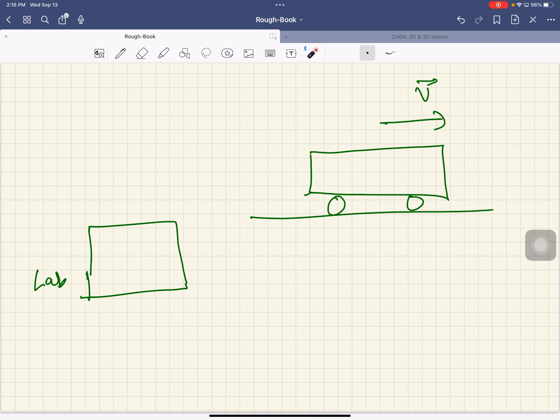What does constant velocity mean? No acceleration. Its magnitude is not changing and the direction is not changing. You can go in any direction you want, but your velocity is constant.